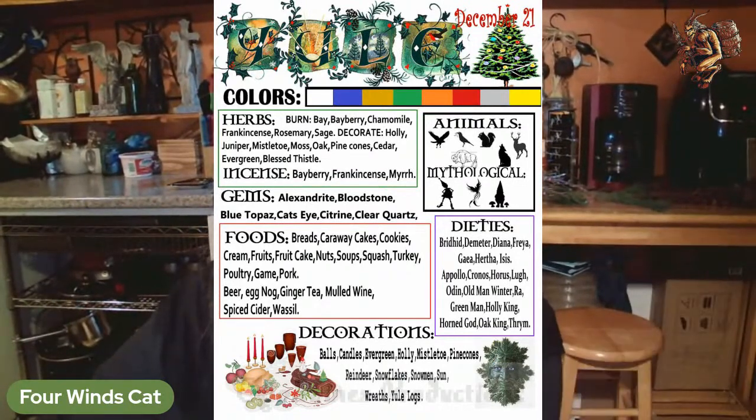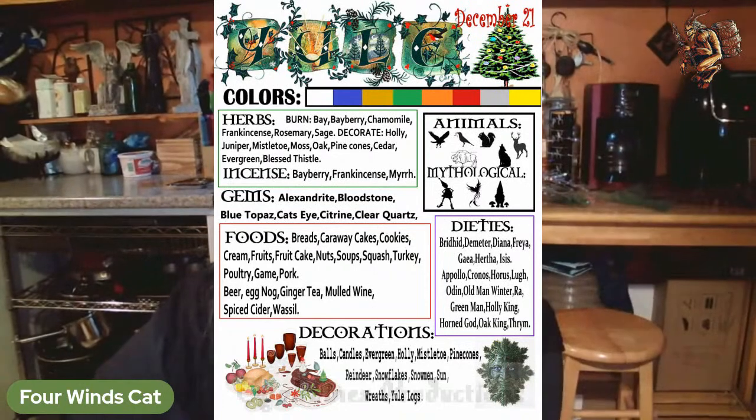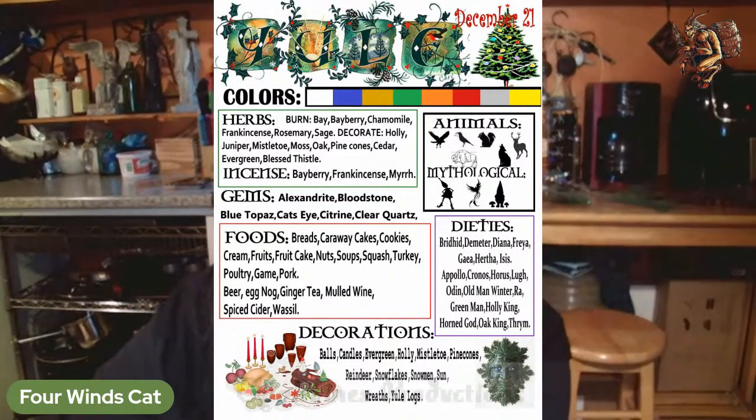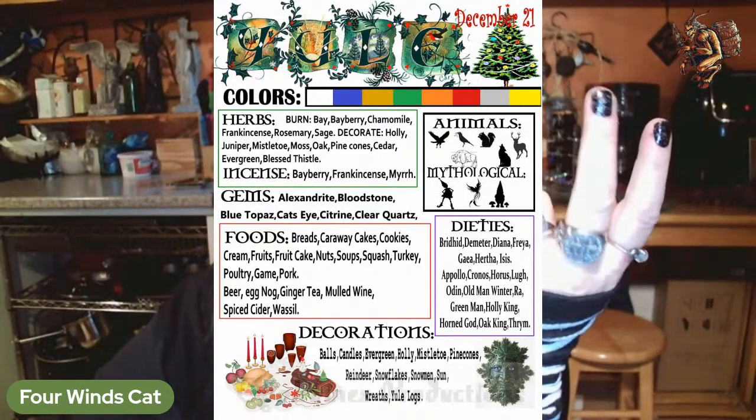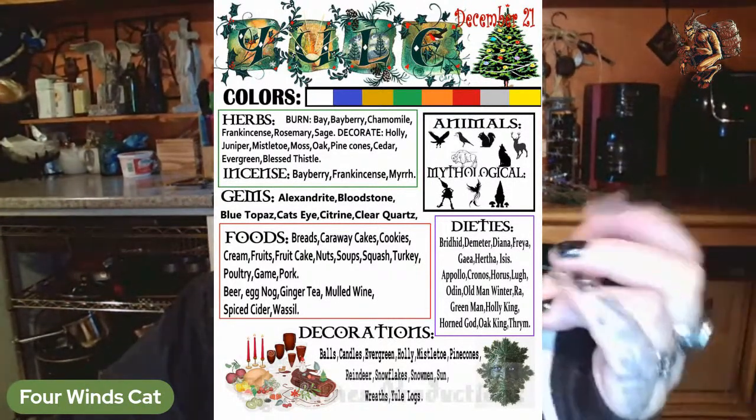Your animals, and of course you have your little elf on the shelf down there for your mythological creatures. Of course, the deer, you have the raven, you have the wolf, you have the gnome, which is your elemental of the earth. Then you have your deities, which are Bridget, Demeter, Diana, Freya, Isis. I'm just going to skip through these real quick.